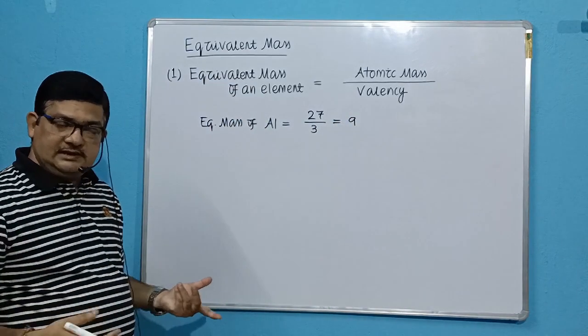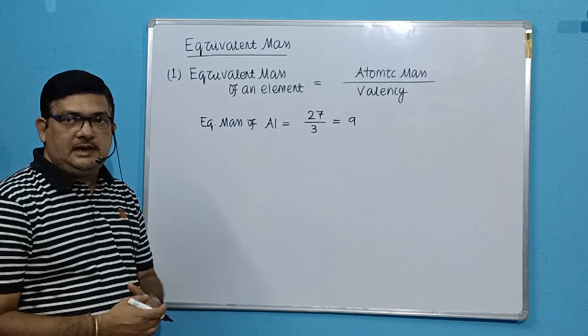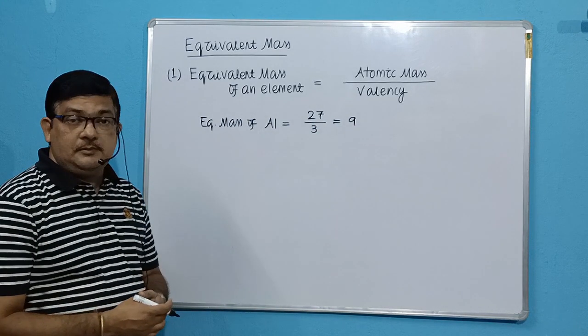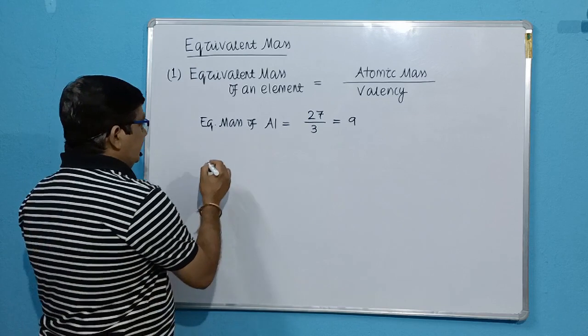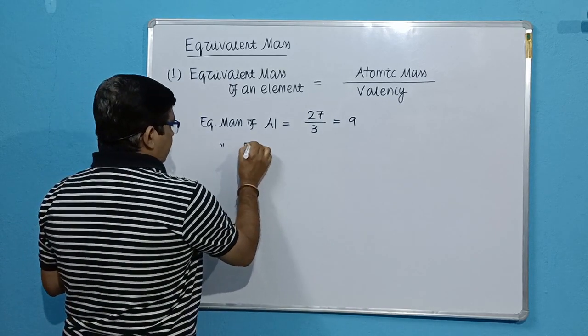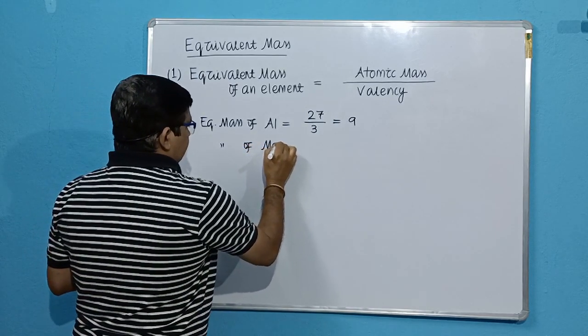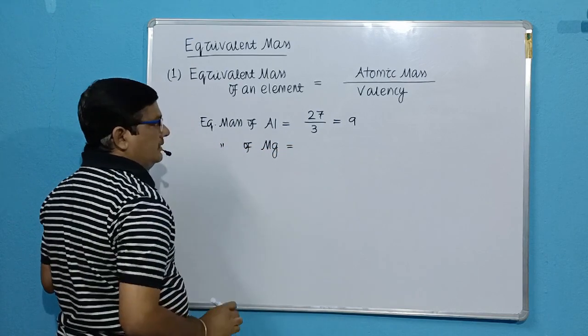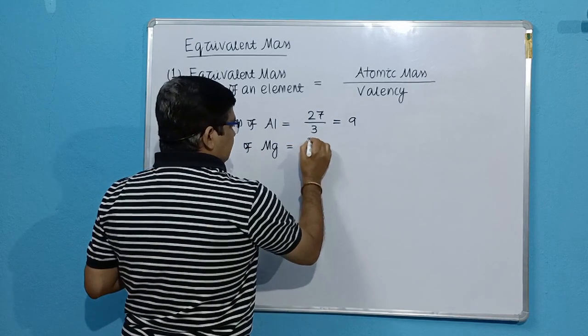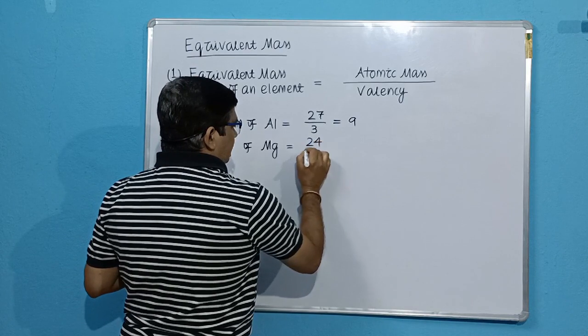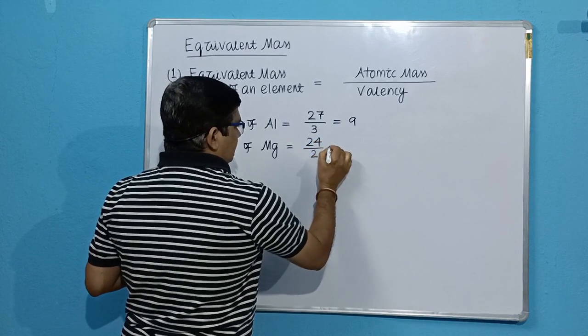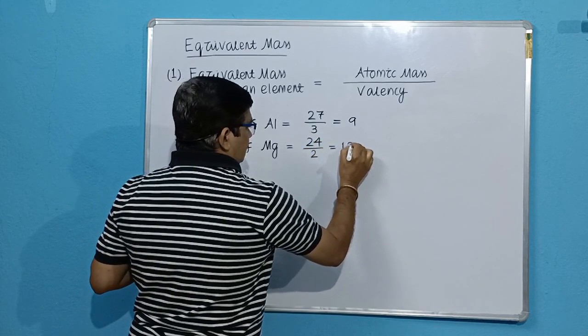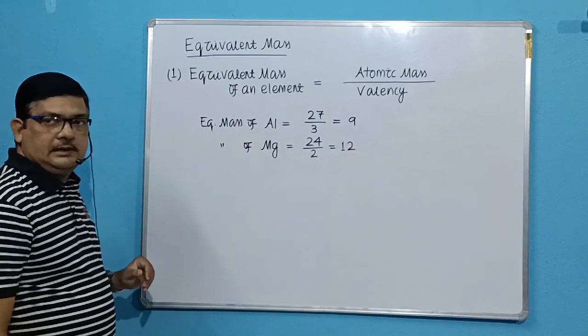Look at the previous calculation. It was also calculated that the equivalent mass of aluminium will be 9. Then the equivalent mass of, let us say, magnesium. Atomic mass of magnesium is 24. Valency of magnesium is 2. So equivalent mass will be 12.